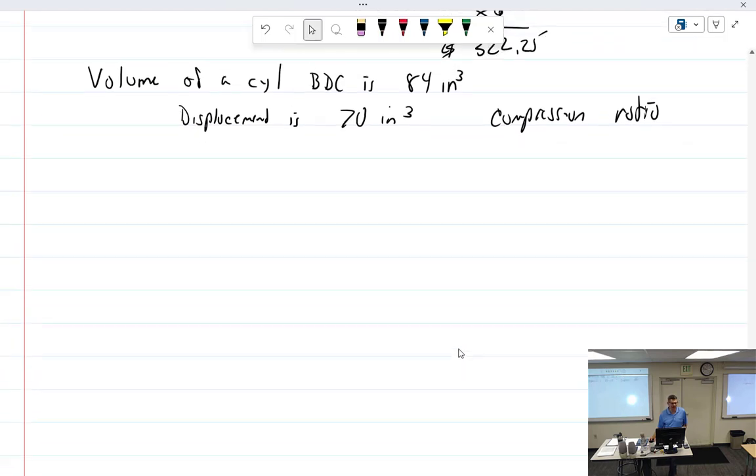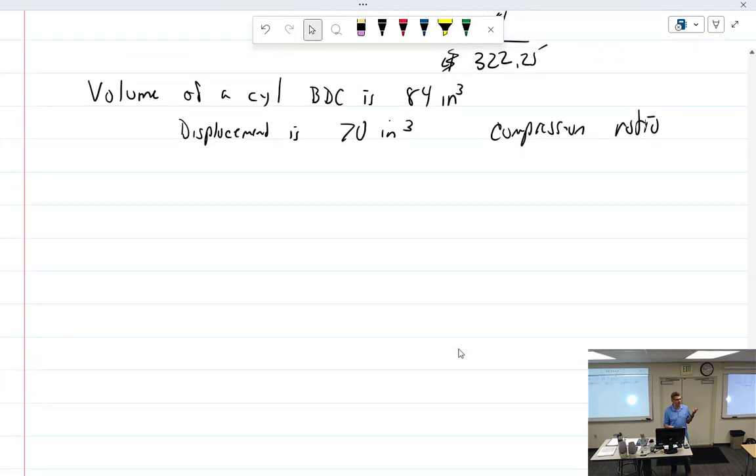So it is a difference between two things. What are the two things it's a difference of? Volume at top dead center, that little tiny space up there, versus volume at bottom dead center, all the volume at the bottom. So what are we going to do here? We're going to subtract 70 from 84. So bottom dead center equals 84.